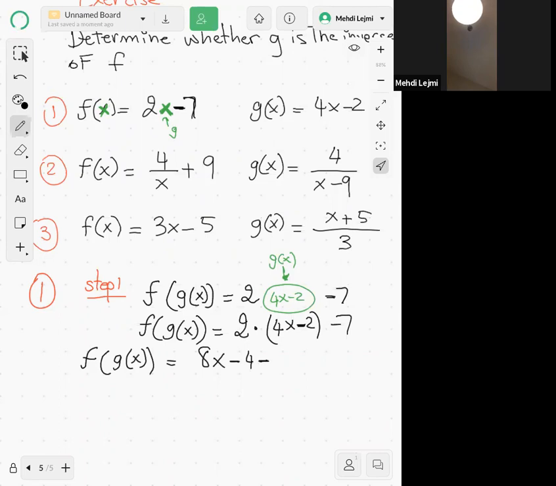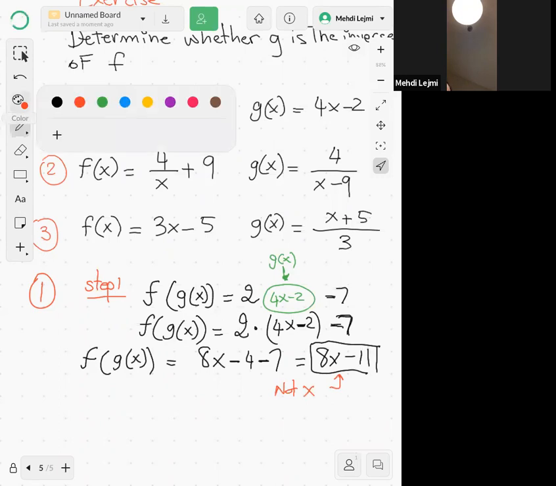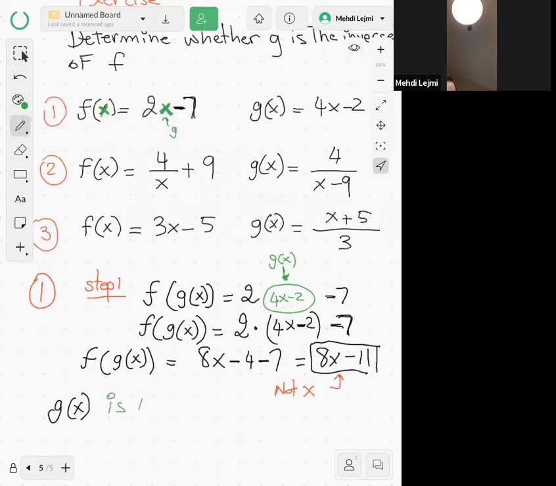And then there's this minus 7, of course, so it's minus 7. So this is 8x minus actually 11, okay? And obviously this is not equal to x. There's no way that this is equal to x. This is not x. And so we can just stop here and say that g of x is not the inverse of f.